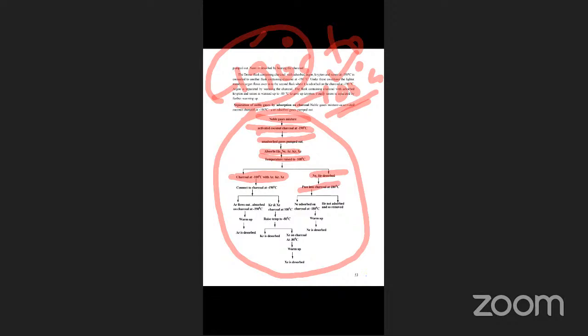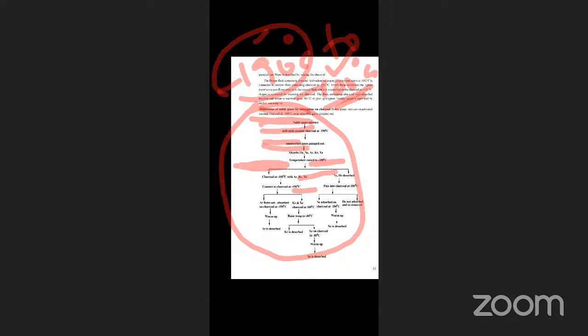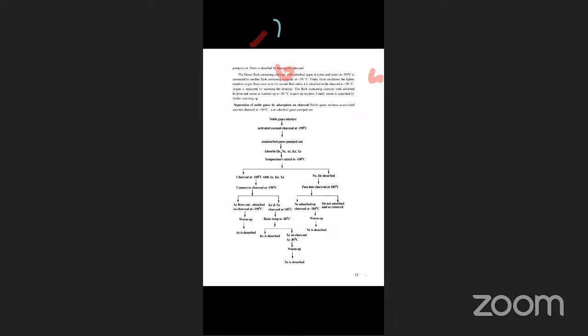So the neon is adsorbed on charcoal at minus 180. Again we warm up, and the neon is desorbed. Helium is not adsorbed, so it is removed easily.